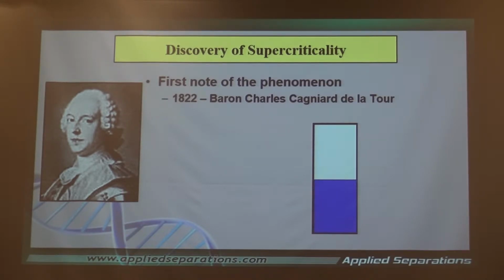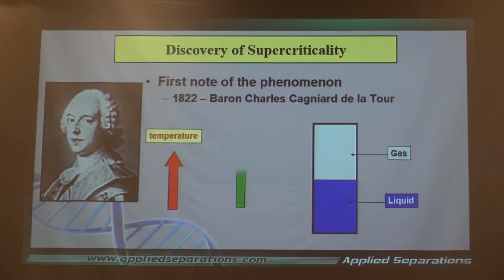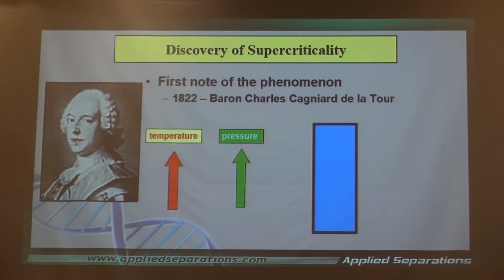So looking at this, we had a liquid and a gas. Ultimately, by increasing the temperature and pressure, it became one phase, which came to be named the supercritical fluid. It became one phase after reaching a critical temperature and a critical pressure.